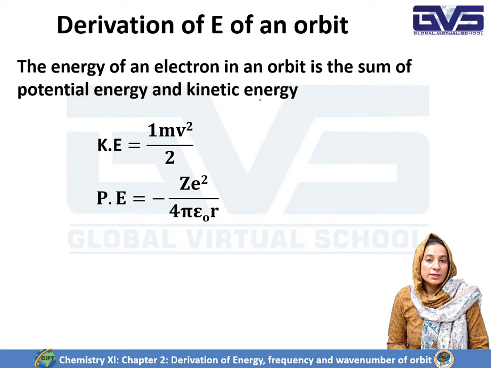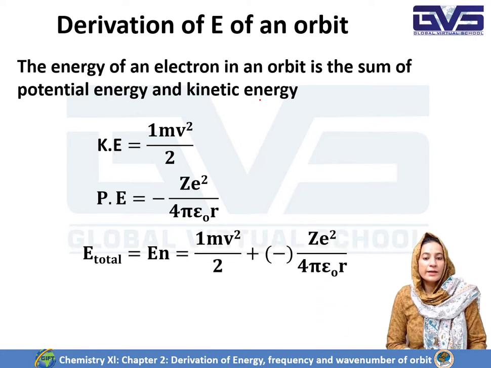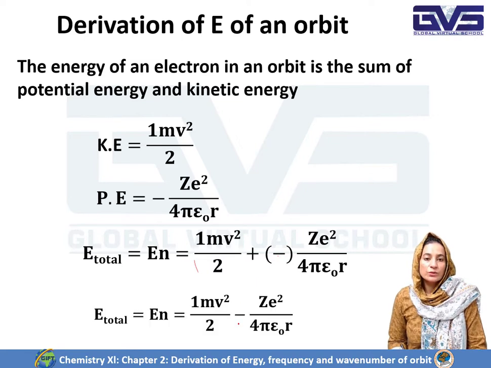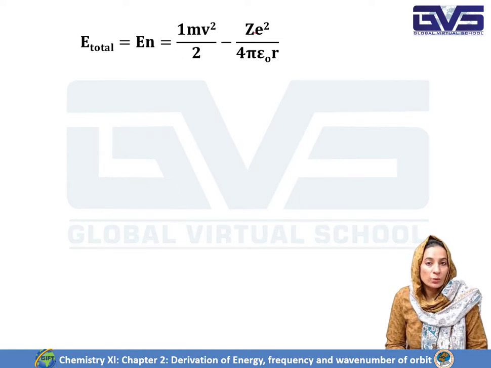Because energy is released, its energy reduces from 0 towards a negative value. So the potential energy is negative for the electron, and their sum is kinetic energy plus potential energy. When positive and negative multiply, there is always a negative. So we have this equation, kinetic energy plus potential energy.